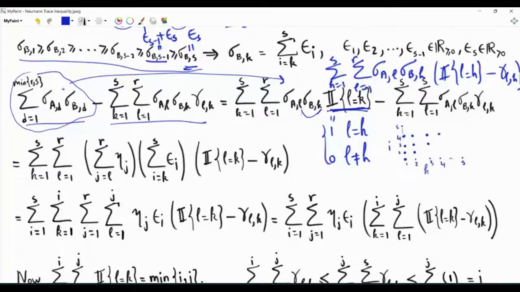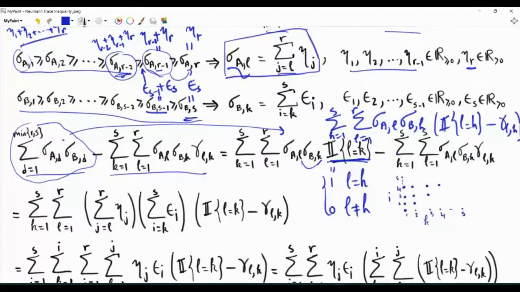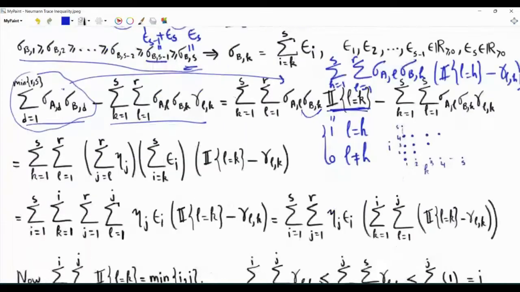So we have now 4 sums, and they involve the etas, the epsilons, which are related to the singular values. And then we have this indicator L is equal to K, and then we have gamma LK again. Those are the non-negative quantities with this nice property. If you sum them over L, you get something less than or equal to 1. If you sum them over K, you get something less than or equal to 1.